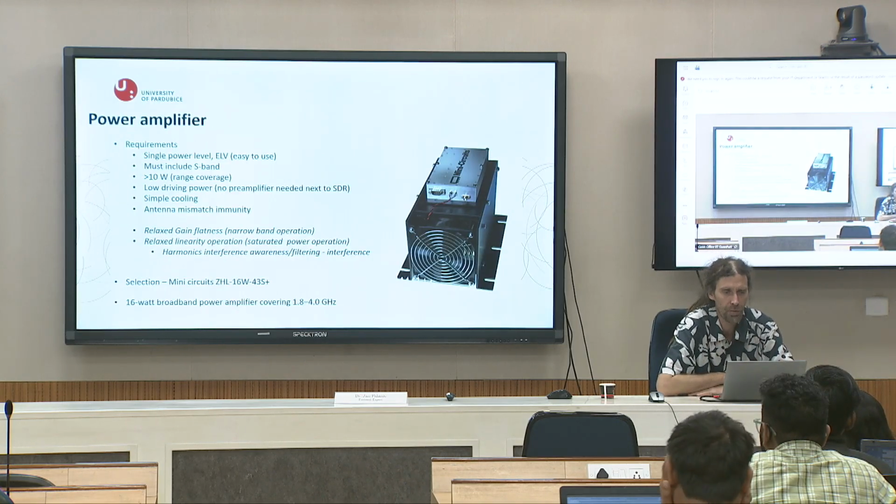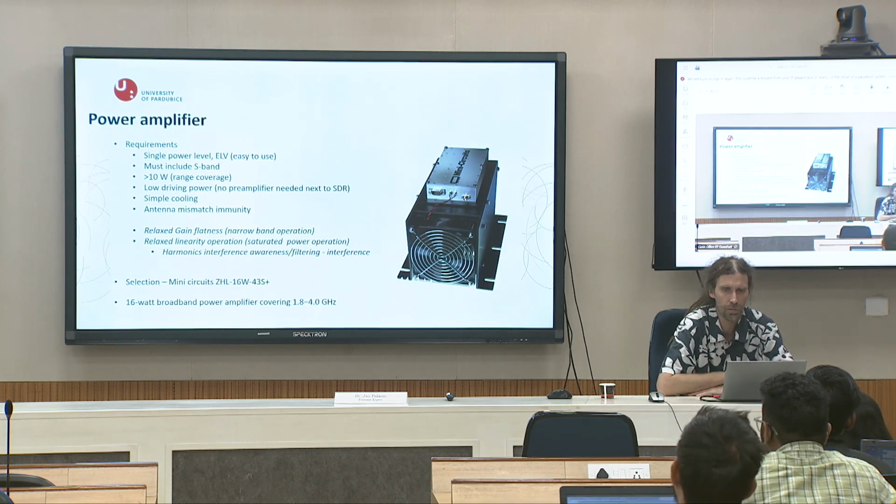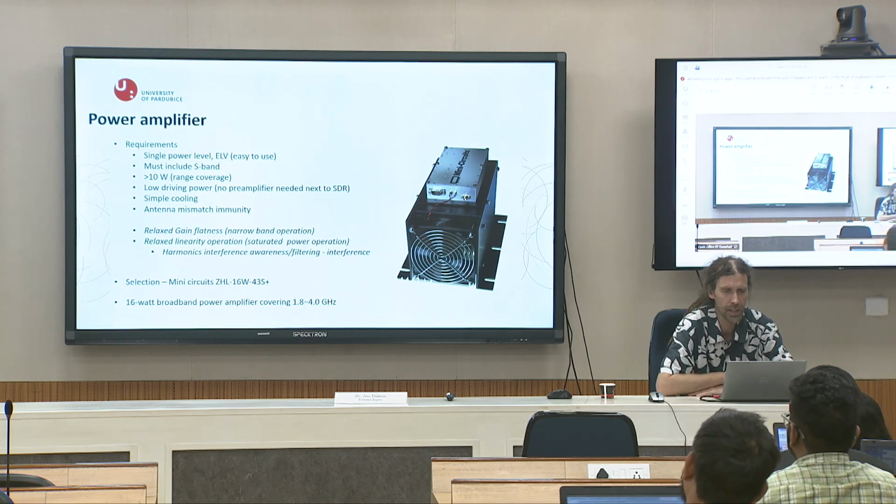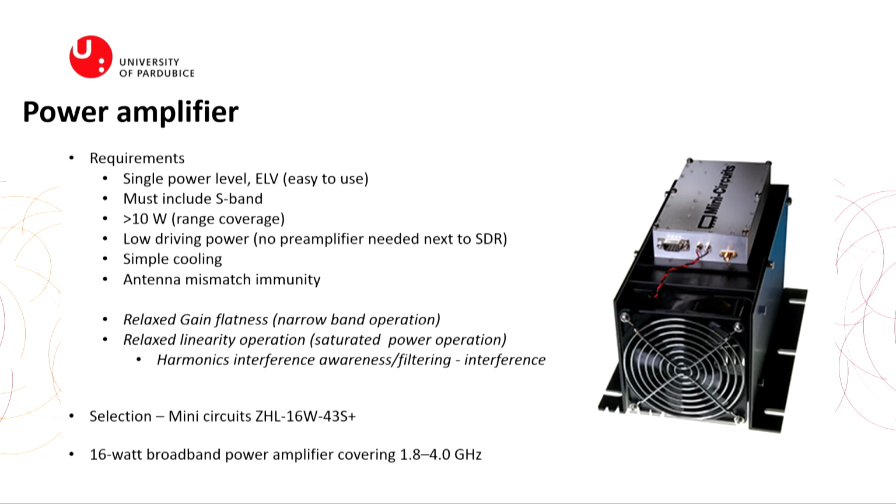Then we need a power amplifier. Our selection was an amplifier from Mini-Circuits, ZHL 16 watts and some numbers. You can see the amplifier is this one. It is very easy to use, you just connect it, so there is no issue. It has about 10 watts, and it is enough for range coverage.